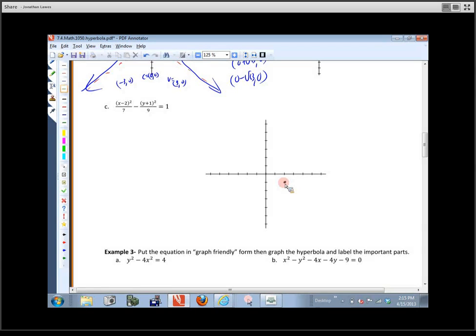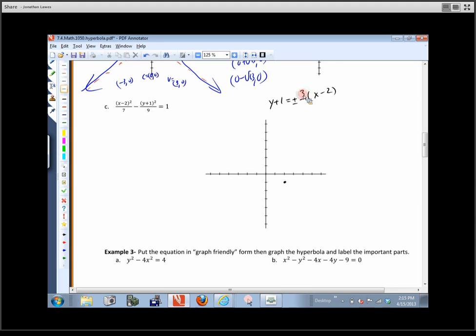Now, could we write the equation of the asymptotes before we even get started? I would hope so. It's going to be, find the stuff with the y. y plus 1, right? Plus or minus. Let's leave room to put the slope in there. Find the stuff with the x. What do I write? x minus 2. And then if I want to find the rise, what do I look under? Under the y.